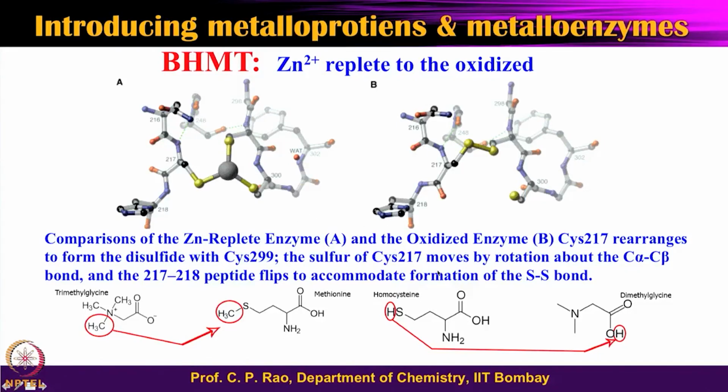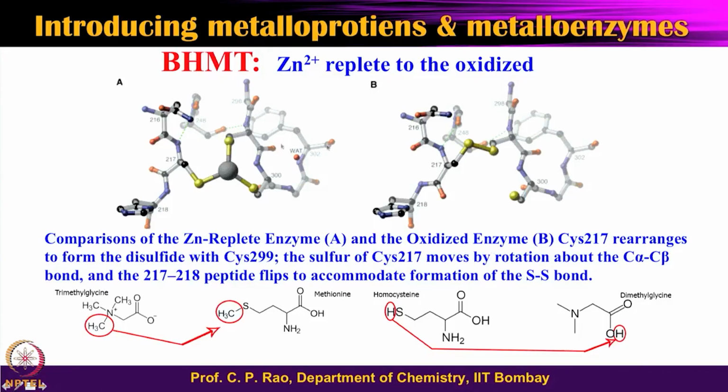So, the sulfur of 217 moves because the two sulfur atoms have to come closer, and for that there is a rotation about this bond. The sulfur moves by rotation about the C alpha C beta of the cysteinyl moiety, and then the 217 to 80 peptide bond flips in order to accommodate the disulfide bond.